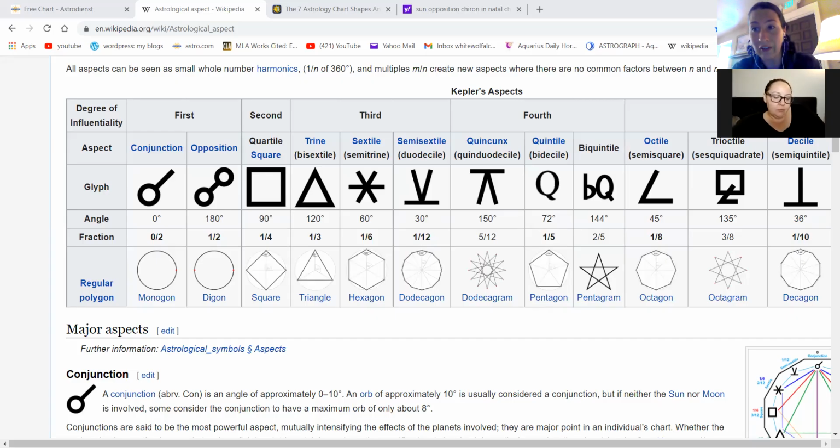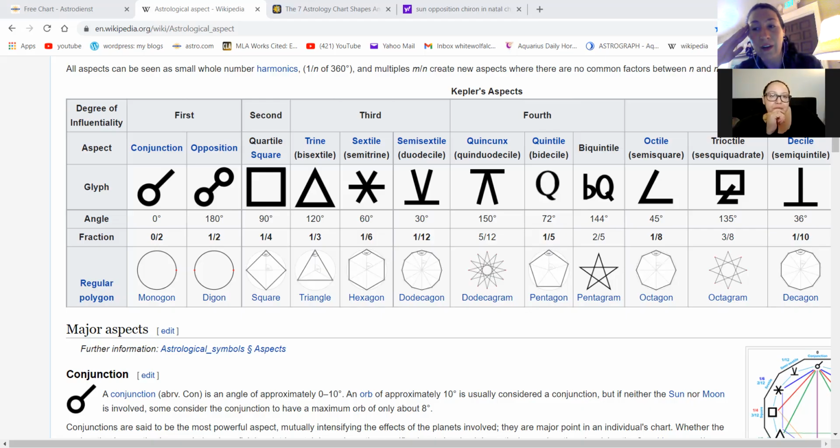This is why getting software is going to level up your whole game, because all of these aspects exist in SolarFire, in that program, or those other programs. If you want to get to the nitty-gritty details of someone's chart, you can plug all of these aspects in. But in these free websites, not so much.